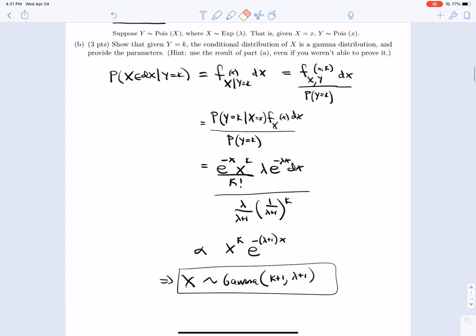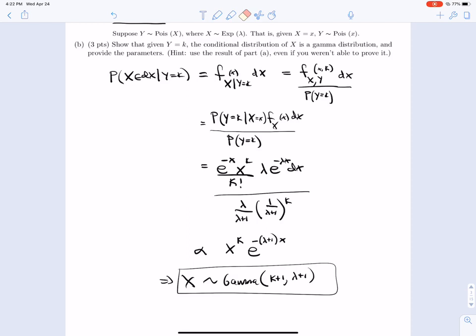As a follow-up question, show that given Y equals k, the conditional distribution of X is a gamma distribution, and provide parameters. Okay, so we're looking for the probability that X is in dx given Y is k. So this is the area of the conditional density, which we can approximate as the conditional density at x times dx.